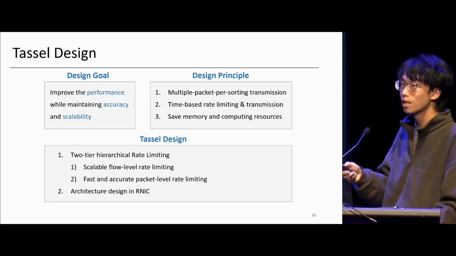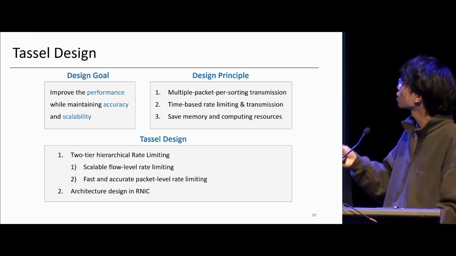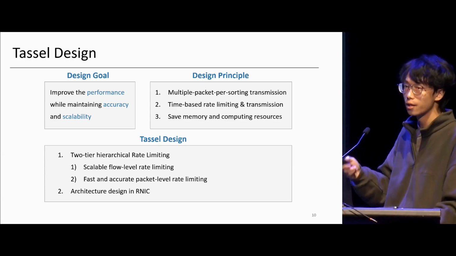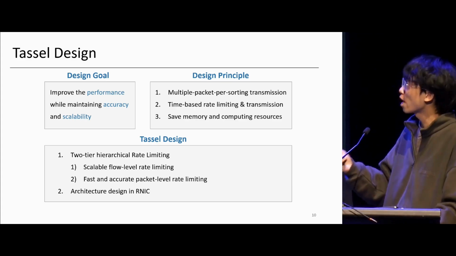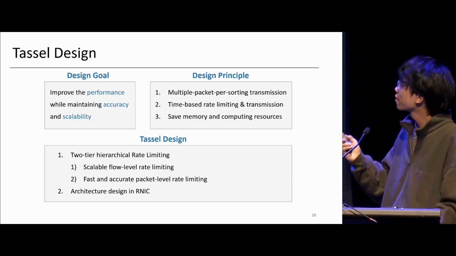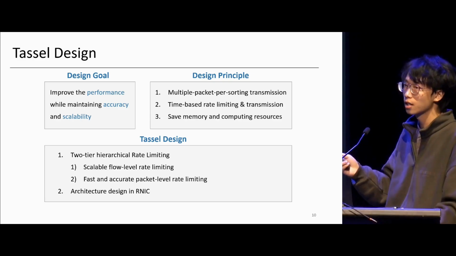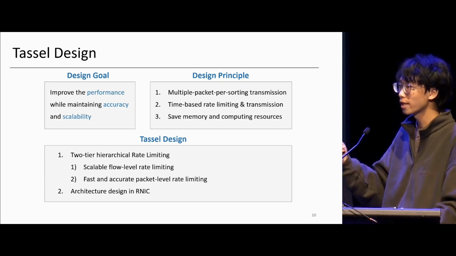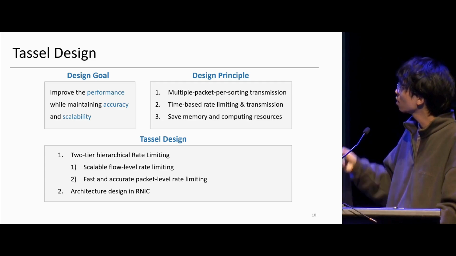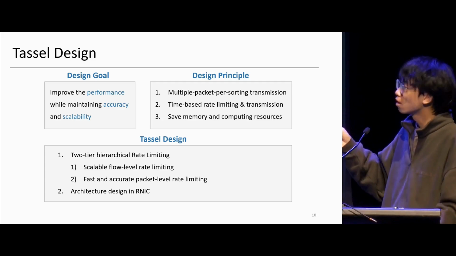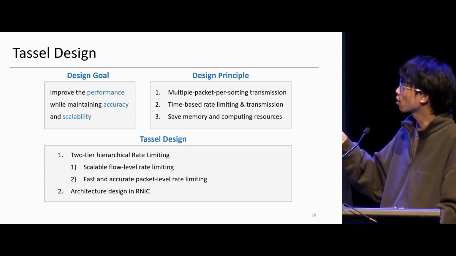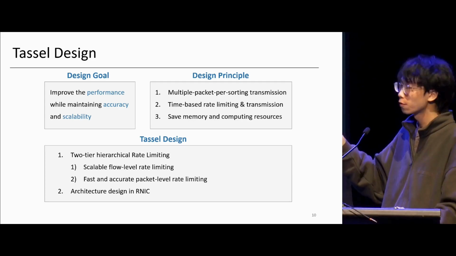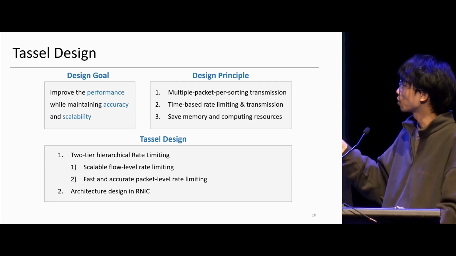Second, utilize the time-based rate limiting algorithm and transmit precisely based on the calculated timestamps, ensuring accuracy. Third, save memory and computing resources in hardware as much as possible by avoiding unnecessary buffering or overly complicated data structures. Guided by these design principles, Tensor designs a 2-tier hierarchical rate limiting by first applying scalable flow level rate limiting, followed by fast and accurate packet level rate limiting.